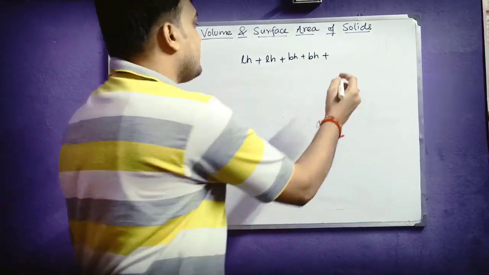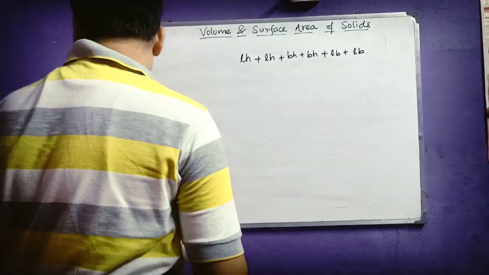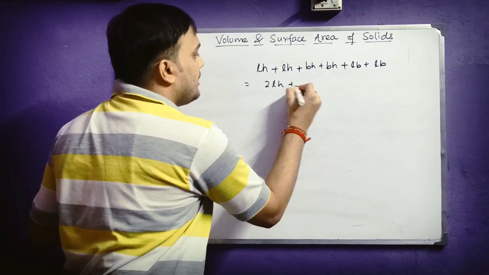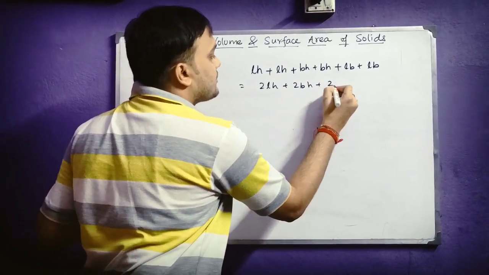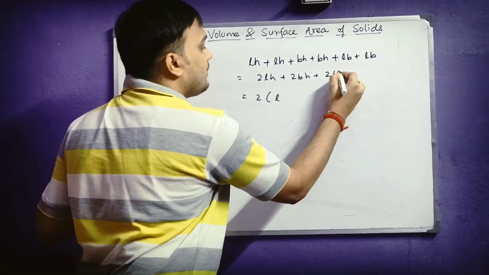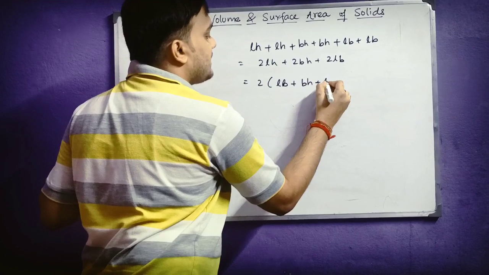So we get length into breadth plus length into breadth. Now if we do the further calculation, we get 2LH plus 2BH plus 2LB. If I take 2 common, it will be LB plus BH plus LH.